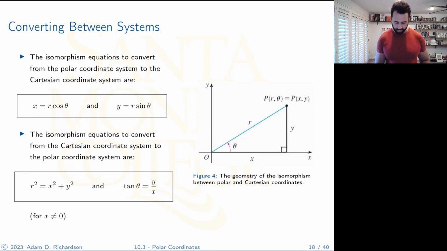One thing I want to point out is that this equation doesn't give you a single result for r. Maybe as I was saying this, some of you were thinking, wait a minute, if I know x and y, I can get r squared, but how do I know what r is? Because r could be positive or negative.